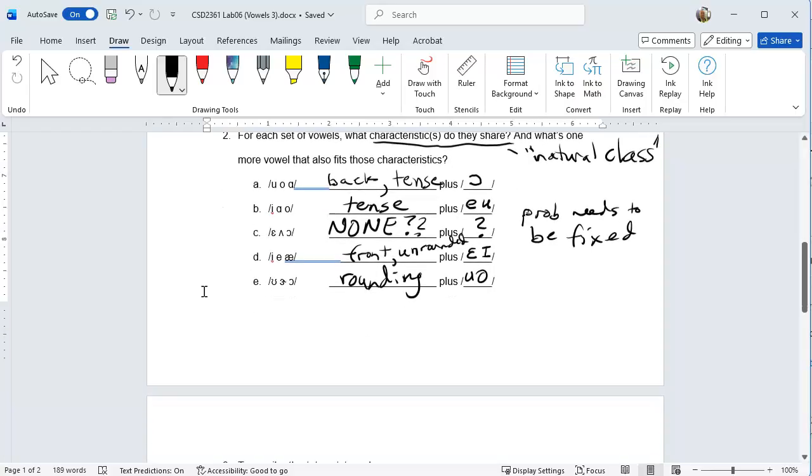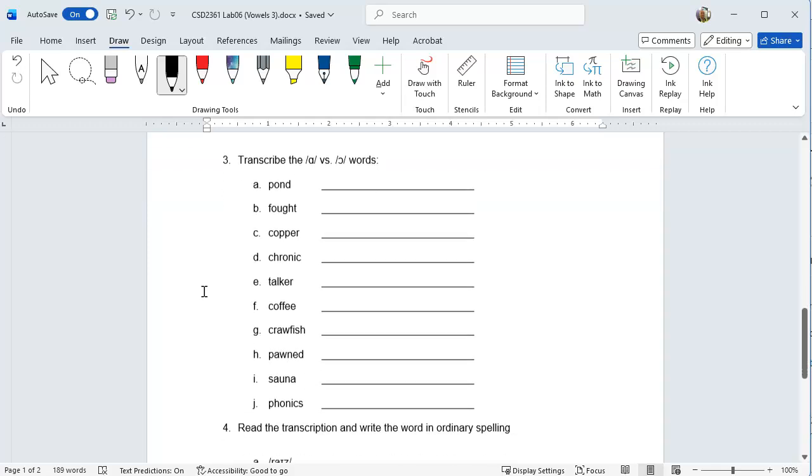All right, second page of this lab is some transcription practice, though from a vowel perspective, it's focused on that slightly tricky ah versus aw distinction. So I thought it might be helpful to give you a few extra examples to look at and think about.